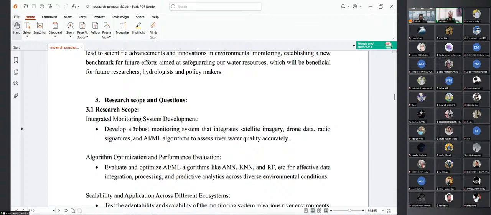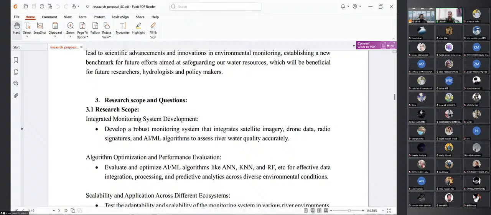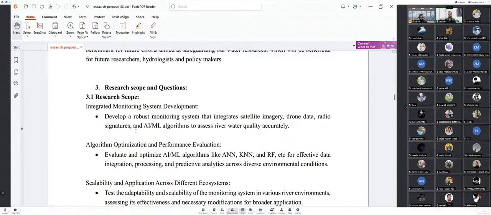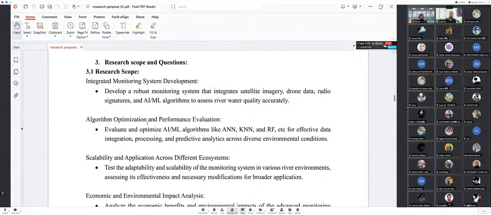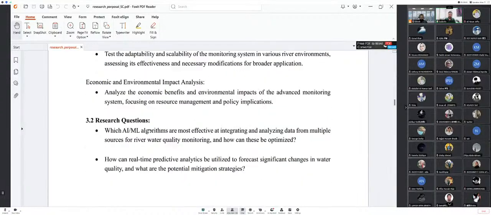When I write the review paper, I will add a few more lines of relevant information for these points, and it will become a paragraph. The research scope and integrated monitoring system development will be subheadings, and under each subheading we will have one or two paragraphs for that bullet point. This is how you start formulating your review. You address all these points.